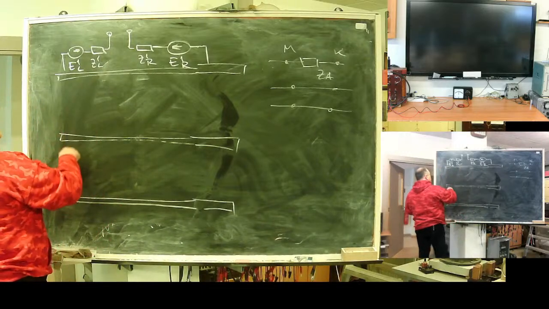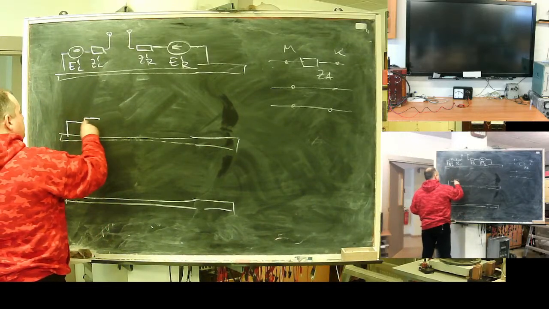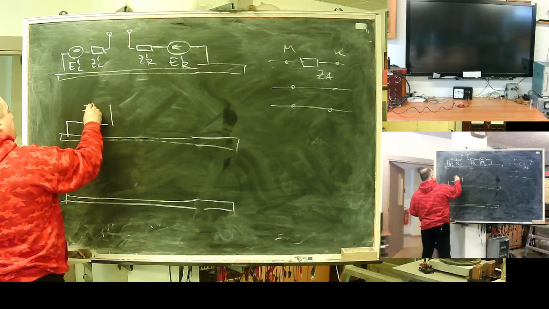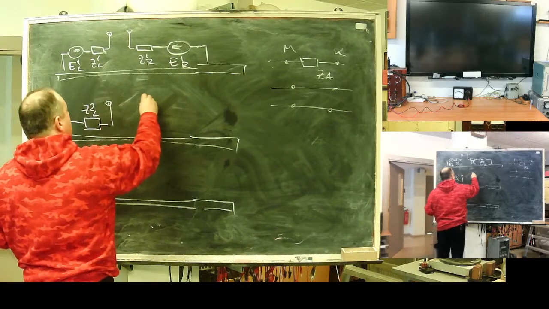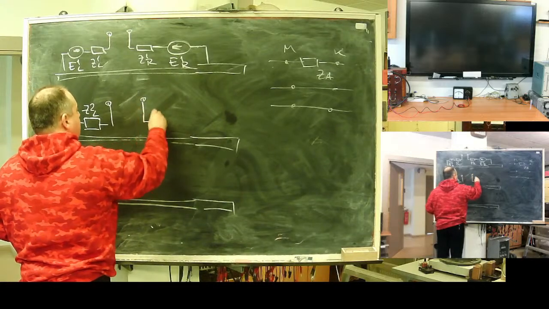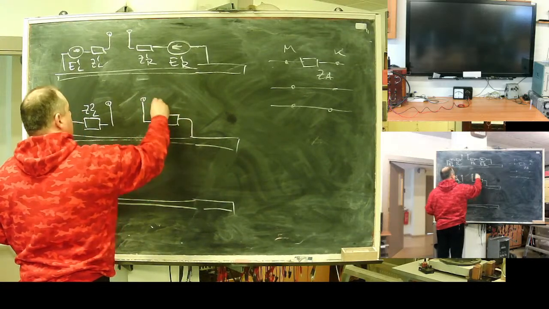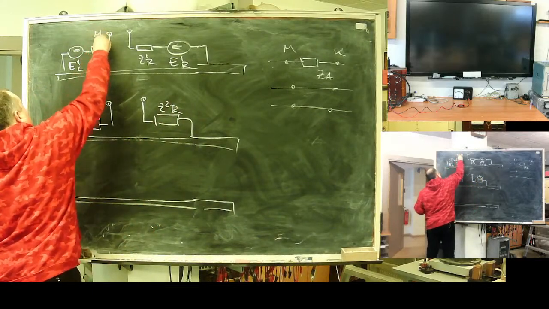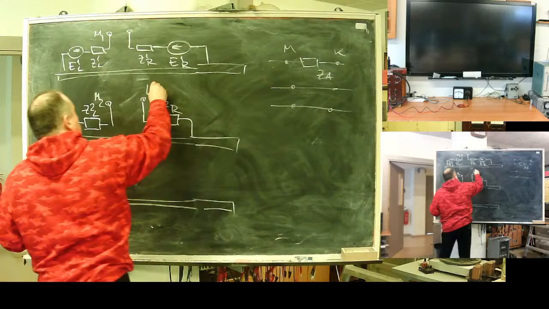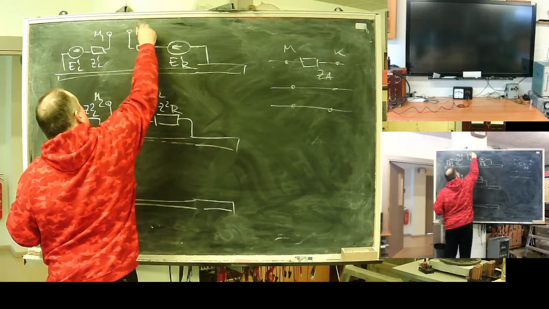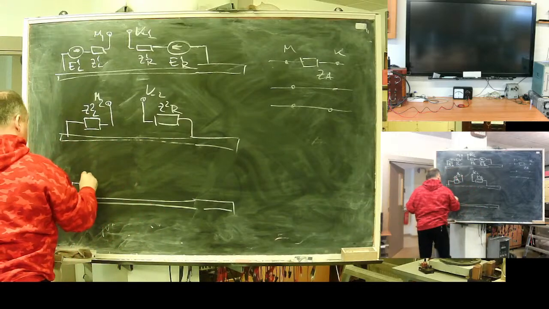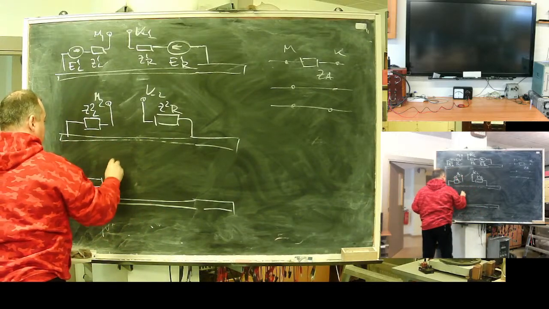So these are Thevenin equivalents, equivalents in terms of Thevenin's theorem. M1, M2, K2, K1.